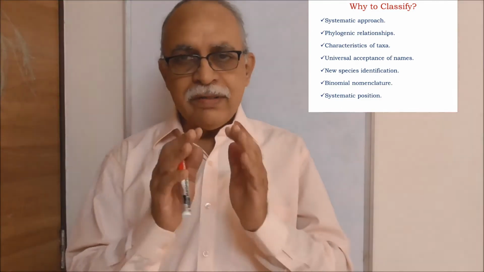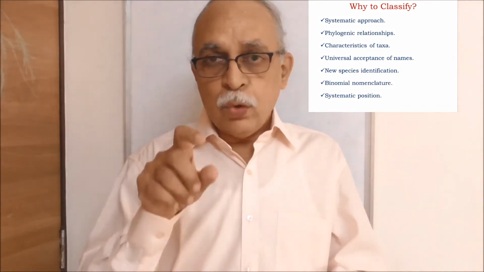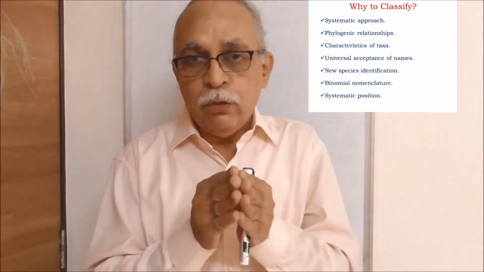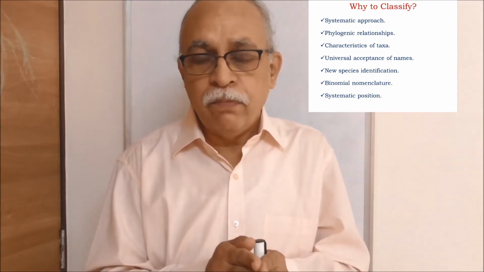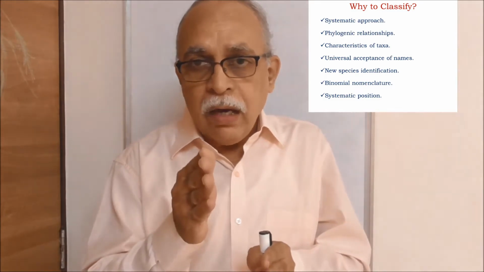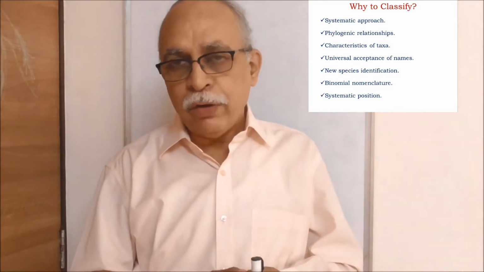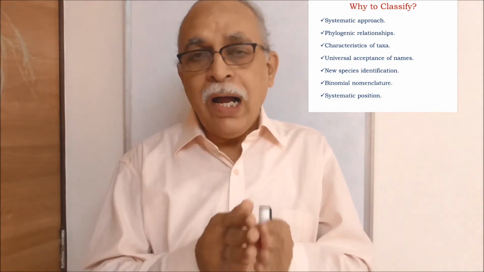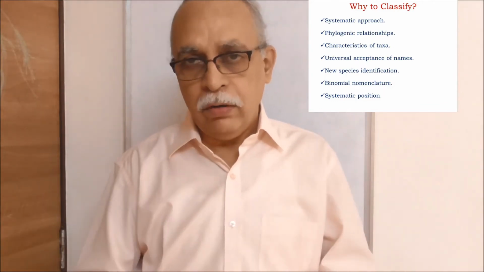Thirdly, each taxon in classification carries a few specific descriptions, a few specific characters. So by understanding the taxon of the organism that you are trying to study, you get to know about a few characters that go along.